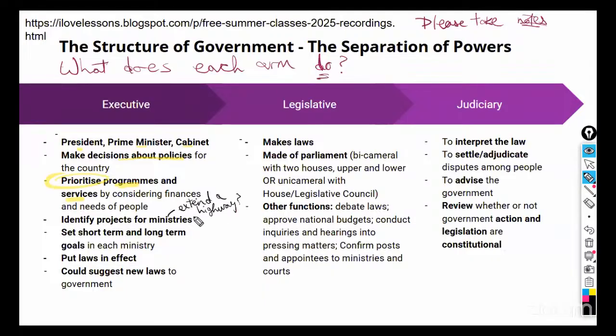This year, are we going to build schools? Are we going to complete and open a hospital? Which projects are we going to settle on for the ministry? Short-term and long-term goals, that seems pretty clear, right? Because we individually have short-term and long-term goals too.